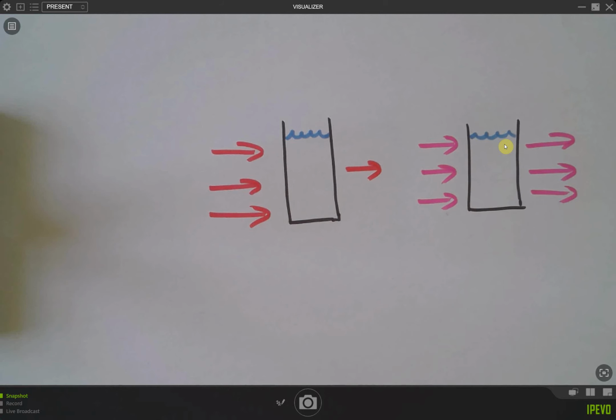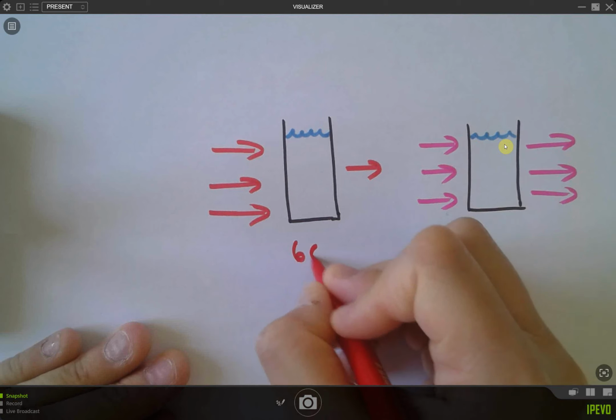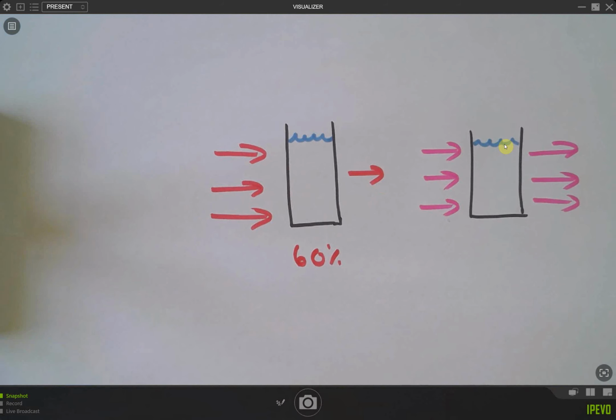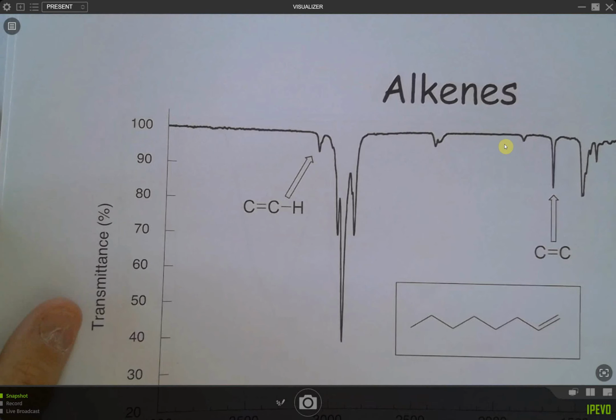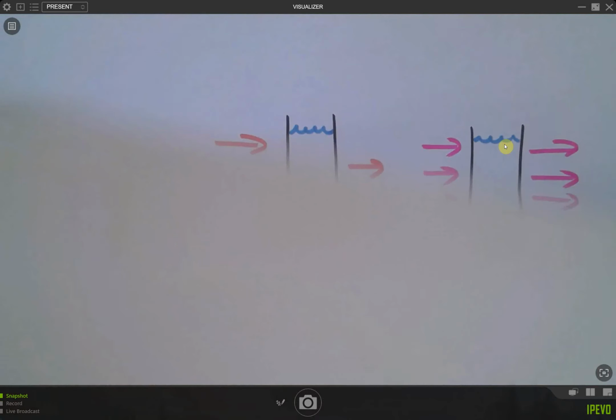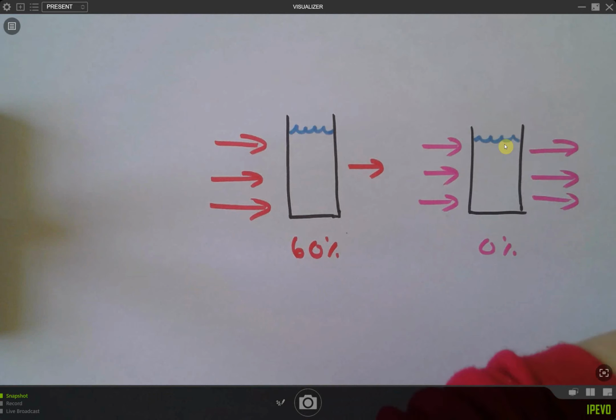In this case it was like 60% being absorbed, whereas in this case 0% was being absorbed. That's what translates into these data sheets that we see. Does that make sense? It happens very quickly, and you wouldn't need to manually input each wavelength to test. You just put it in the machine, press a button, and it shines the whole thing through. It would take a couple of seconds, not even, and you would get the data.